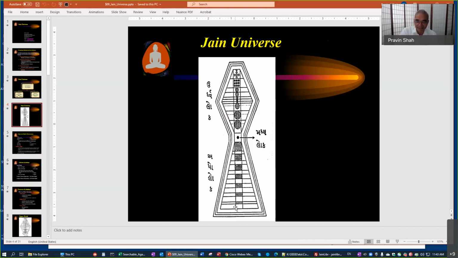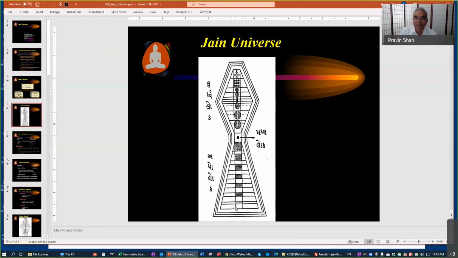Thrust Nadi means all thrust living beings, or movable living beings, exist in this area, which is defined within the Lokakash. In all that place, everywhere, you will find the living beings that are movable.